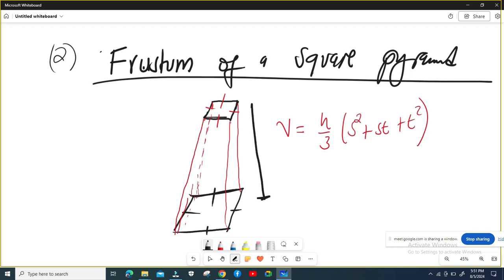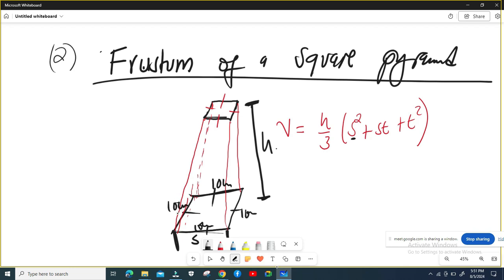Where s is the length of the big square. You just take the length from here to here. Remember, a square has four sides. So if this is 10 centimeters, then this is 10 centimeters, then this is 10 centimeters, then that is 10 centimeters. But s is the length of the big square.